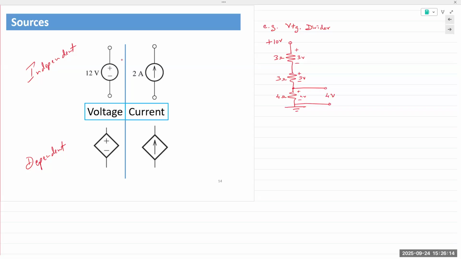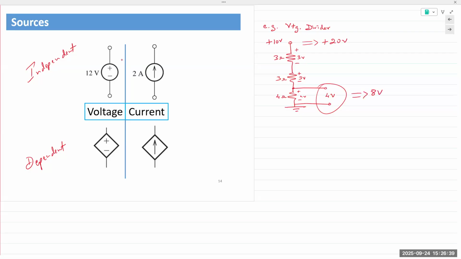That 4 volts may be being supplied to some other part of the circuit. Now, if that 10 volts changes to 20, what happens to this output? Anyone? Doubles, right? Elementary school math. 8 volts.